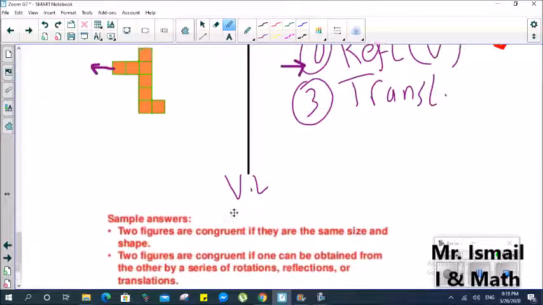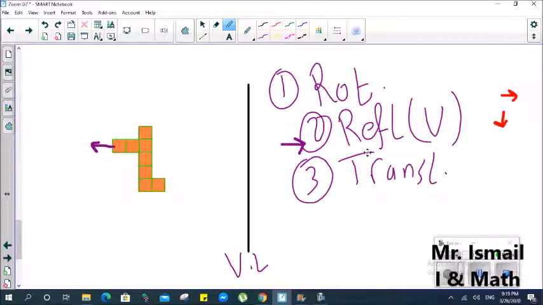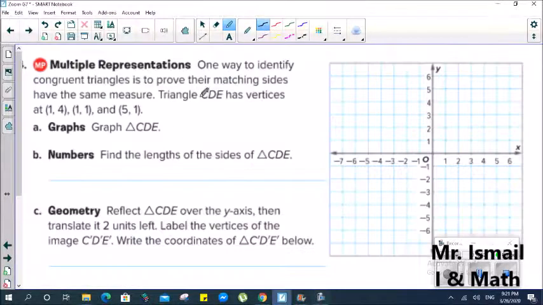Like in this example, I used rotation, reflection, translation to prove that the two figures are matching. You see? We will not use dilation, because with dilation the figure will be bigger, not the same size. Okay, clear till now?